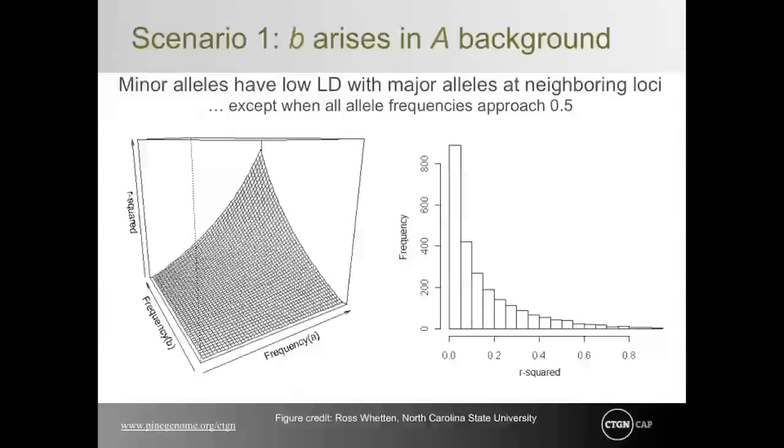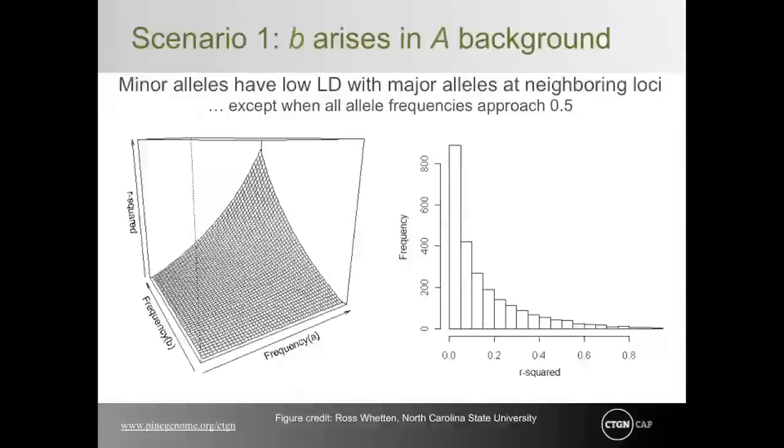The histogram on the right shows the distribution of LD, again expressed as r squared, across the range of possible values between 0 and 1, calculated from 2,304 possible combinations of allele frequencies ranging from 0.01 to 0.49 for the minor alleles a and b. The frequency of LD values between 0 and 0.2 is much higher than the frequency of LD values greater than 0.2.